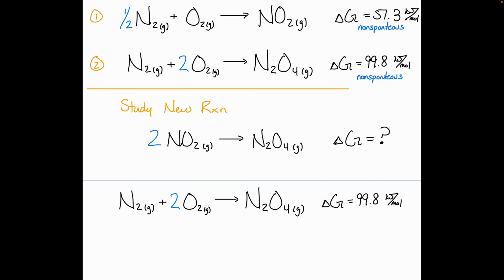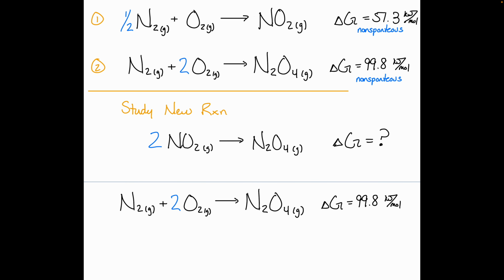We're going to need to use this first reaction, but we're going to have to flip it around. So instead of writing nitrogen dioxide on the product side and nitrogen and oxygen on the reactant side, I'm going to flip sides. Now it's nitrogen dioxide on the reactant side, and my two products, the 1/2 nitrogen gas and that oxygen gas.